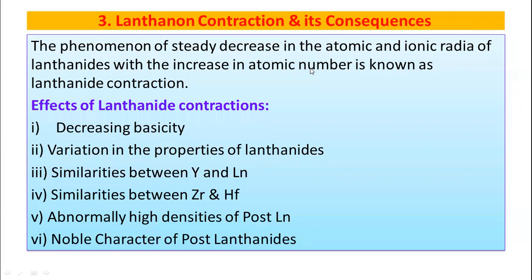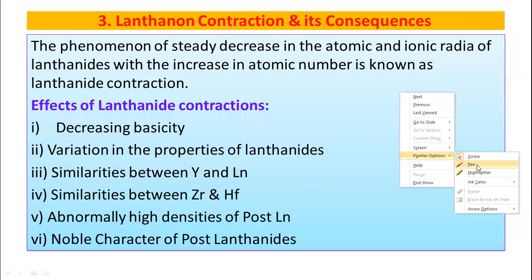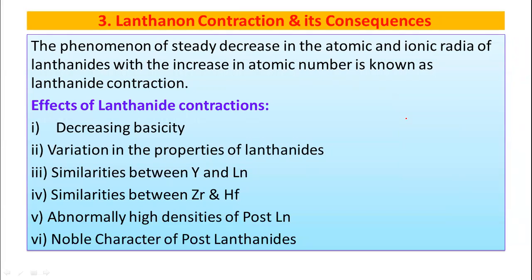We know that lanthanoid elements belong to group 3 of the periodic table. So according to the trend of group 3, the atomic radius will increase. The group 3 elements are scandium, then yttrium and lanthanoids, from lanthanum to lutetium.